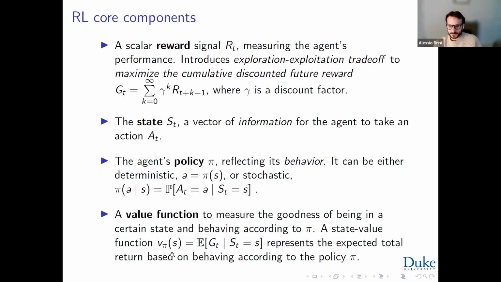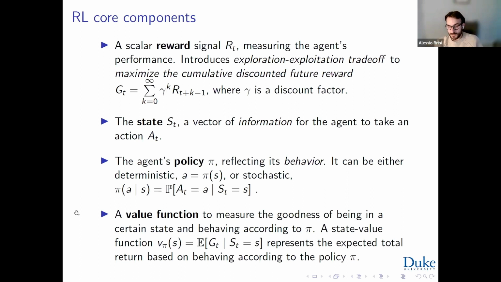Essentially, this is the state value function, v pi, which is a function of the state and is defined as the expected value of the cumulative sum of discounted reward, G, that we just defined above, conditioned on the state where you are. It's like saying: given the state that I'm observing at this point in time, if I follow the policy pi, this is the expected cumulative discounted future reward that I'm going to obtain.